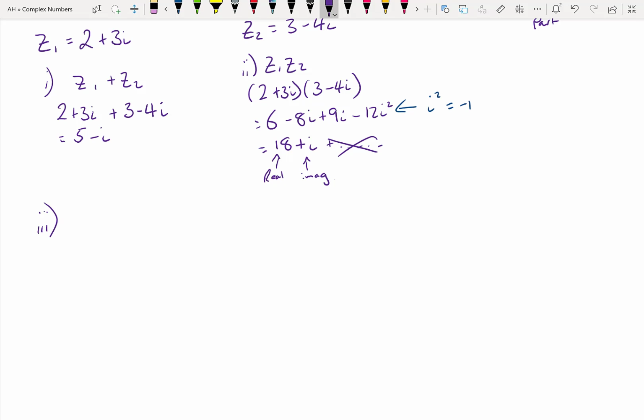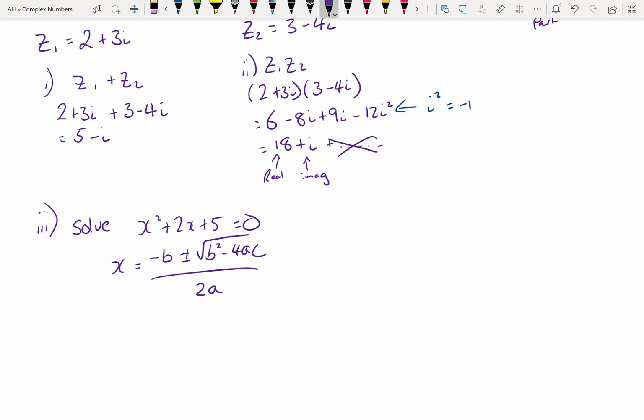A third pretty common example that we might ask you to do is we might ask you to solve something like x squared plus 2x plus 5 equals 0. So you could try and factorise it if you wanted to, but you'll find that it doesn't work. So we're going to stick it into the formula. x is equal to minus b plus or minus the square root of b squared minus 4ac all over 2a, that formula that you are expected to know now.